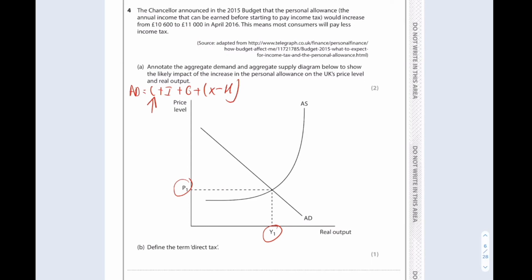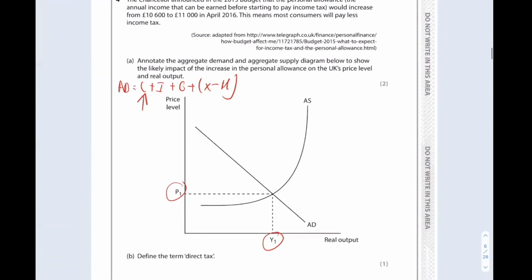And so they don't save it like wealthier people. So what we should find is that the aggregate demand curve shifts outwards from AD to AD1. And because it asked me about the price level and output, I need to draw my equilibrium point. So here's P2, and here is Y2. And that's done. Okay, so we can show that there. We don't need to draw any arrows. I've done that, but it's not necessary at all.